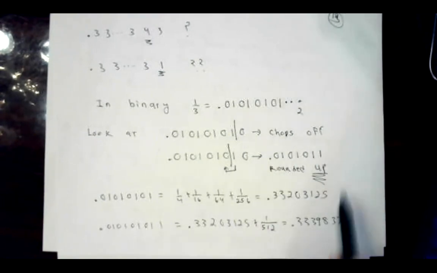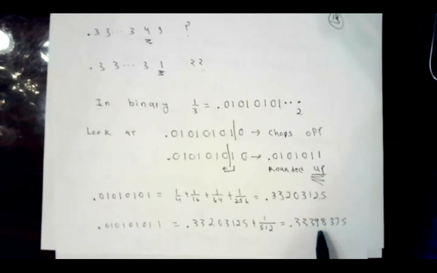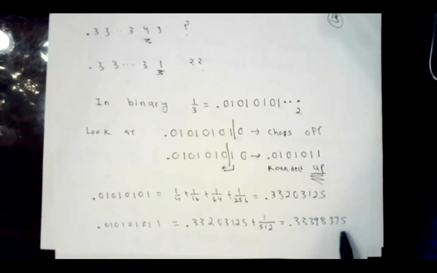The other one, when it rounds up to 1, you get 0.33398375. This is bigger than 1/3. So if you see some odd behavior like that 5 at the end of the 1.2 or the 4 in this 1/3 program, it's completely due to the way we're storing the numbers and doing the arithmetic.